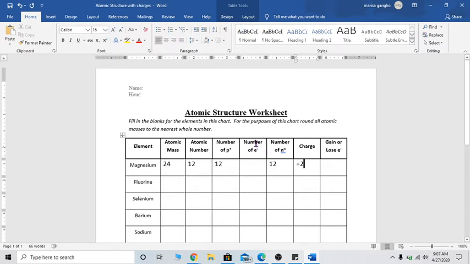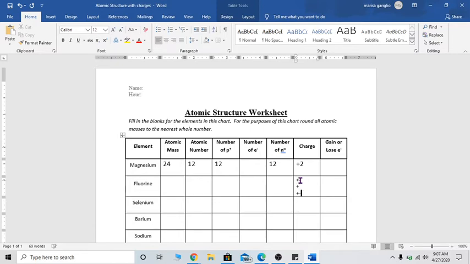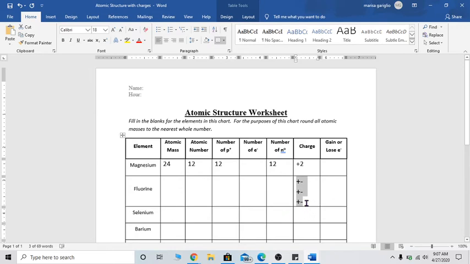Now that's going to affect this number right here. So let's say, for example, I have an element that has 3 protons and 3 electrons. So it looks something like this. Make that a little bit larger so you can see it. Okay. So it's neutral. We have the same number of protons, same number of electrons. Well, in order to get a plus 2 charge, I need to have 2 more protons. But these guys are inside the nucleus. We cannot remove those.